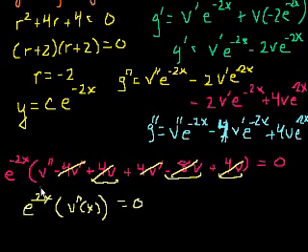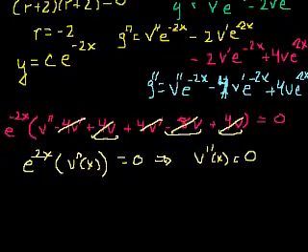We know e to the minus 2x can never equal 0, so essentially we have established that this expression has to be equal to 0, and we get a separable second order differential equation. The second derivative of v with respect to x is equal to 0. So now we just have to antidifferentiate both sides of this equation twice.